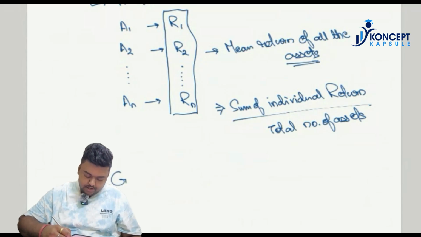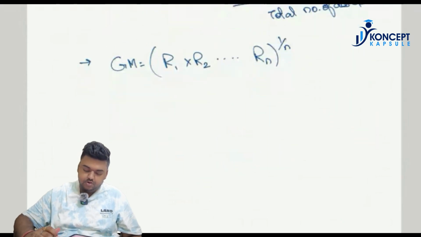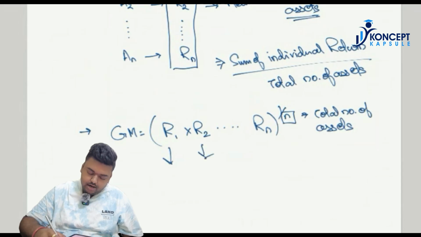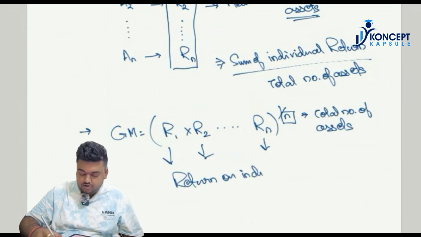So geometric mean return is nothing but a simple geometric mean: R1 into R2 into dot dot dot Rn, to the power 1 by n, where n is nothing but the total number of assets. R1, R2 and Rn are nothing but returns on individual assets.